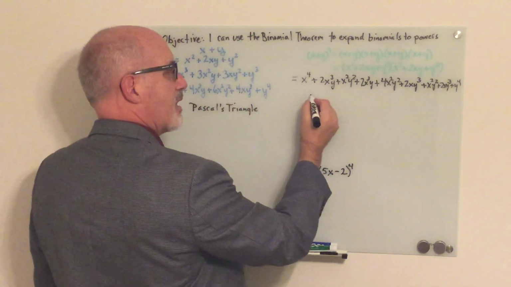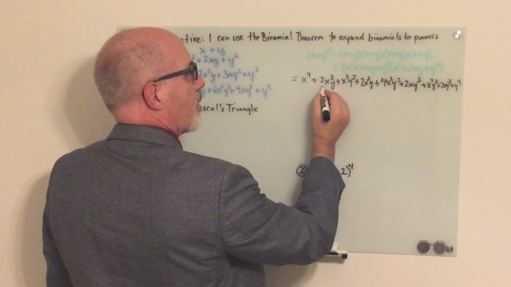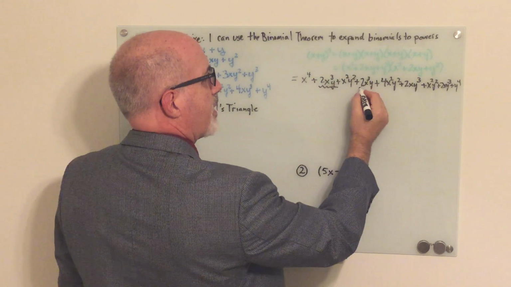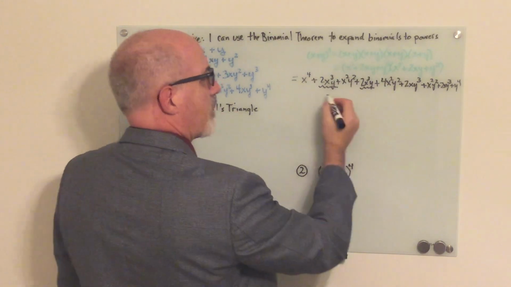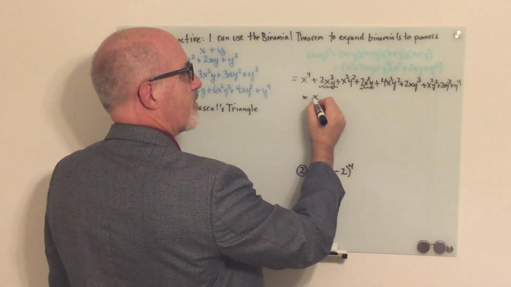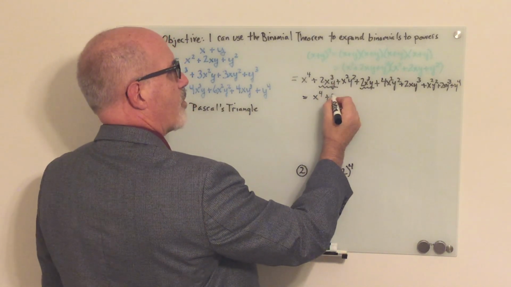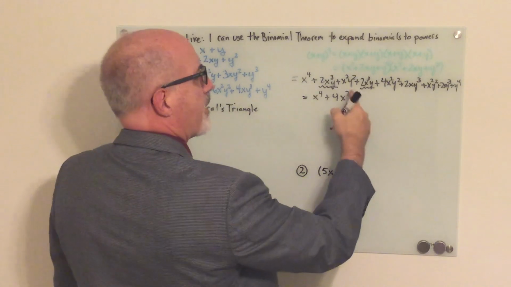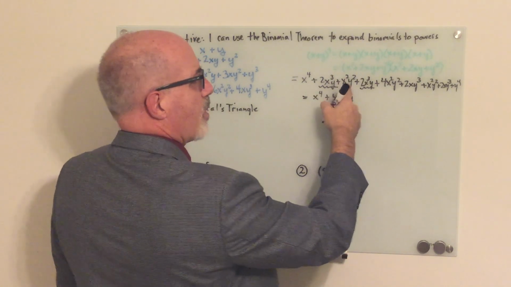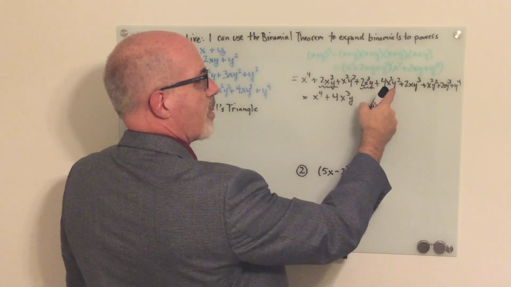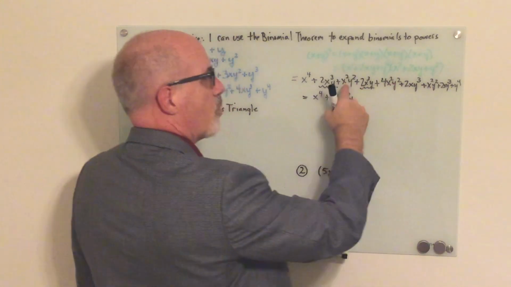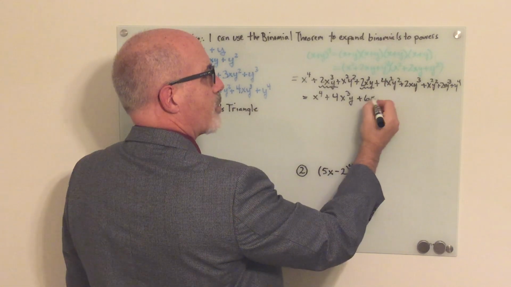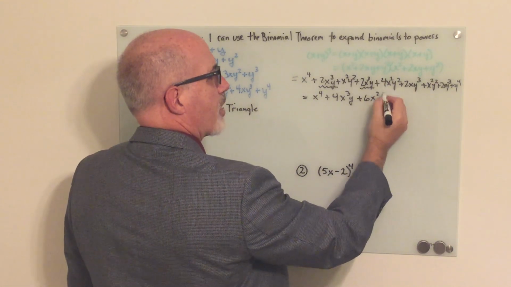So now let's combine like terms. This one here is going to be the same. I've got another one right here. And when I combine those, I get x to the fourth plus 4x cubed y. Then here's an x squared y squared, here's another x squared y squared, here's another one. So 1 plus 4 plus 1 gives me 6x squared y squared.